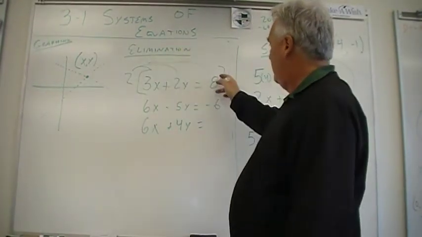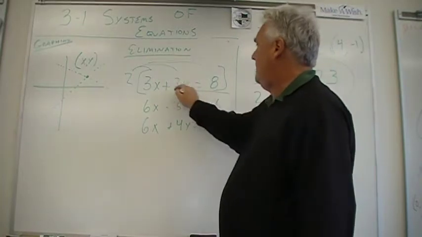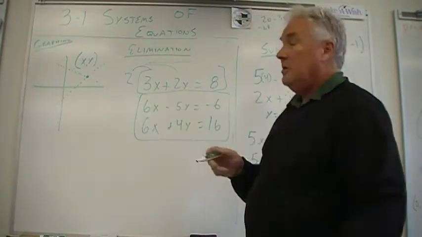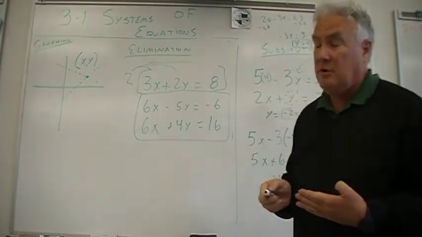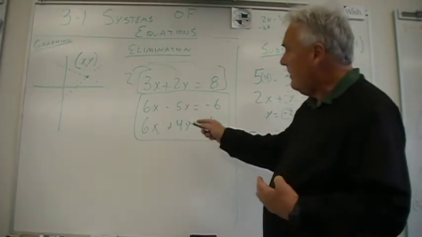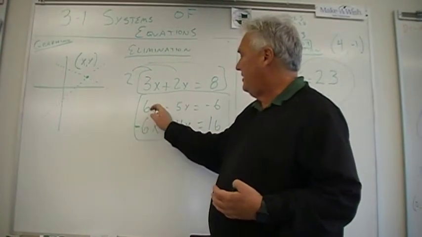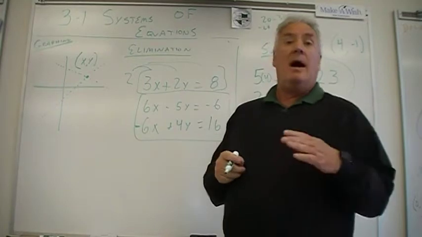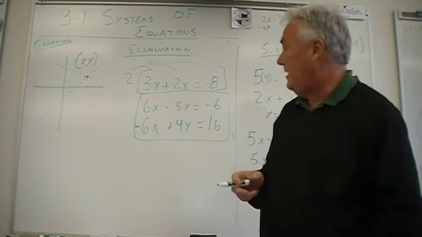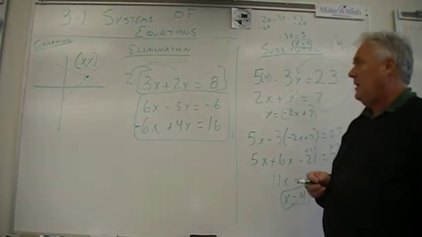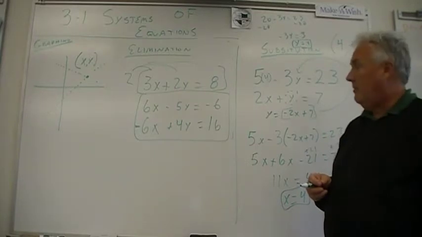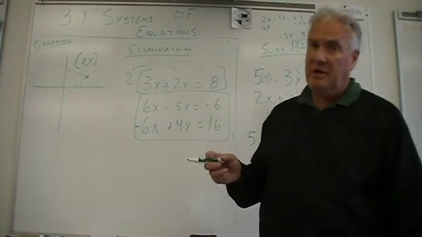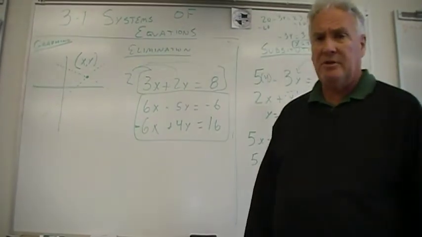And then 2 times 8 is 16. So now you would use these two equations, and you would subtract here, 6x minus 6x. I'm not going to go through it because the answer is going to be kind of yucky with the math. We're going to get a fraction, and I don't want to play around with fractions.